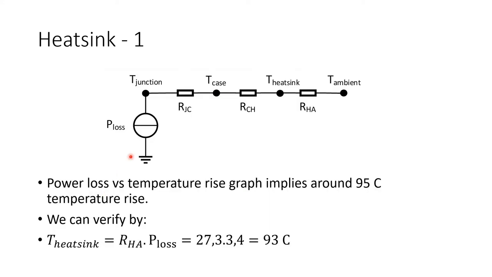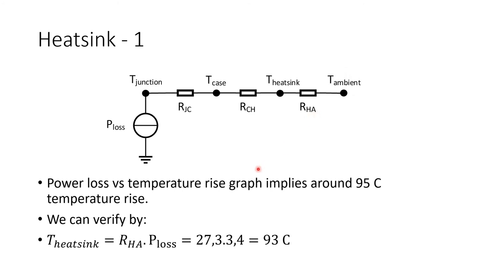What does this mean? We know the ambient temperature will be 25 Celsius. If we use this heatsink to dissipate 3.4 watts of power, the heatsink temperature will be 95 Celsius higher than the ambient temperature.